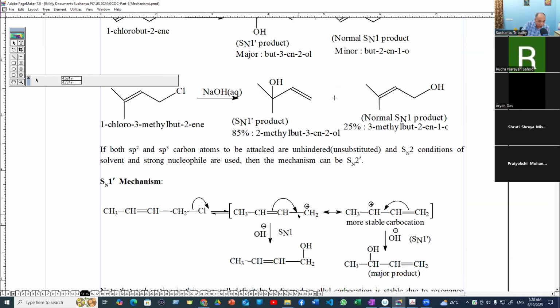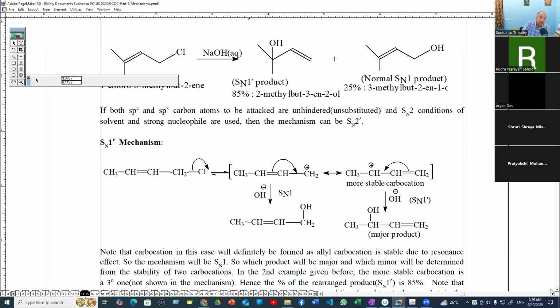So it will be formed, and then there will be allylic rearrangement. Now see, there are two resonance structures for this, and this one is a secondary allyl carbocation. This is a primary allyl, this is a secondary allyl, which is more stable. So this will be kinetically driven. Now the thermodynamically more stable product will be the minor product.